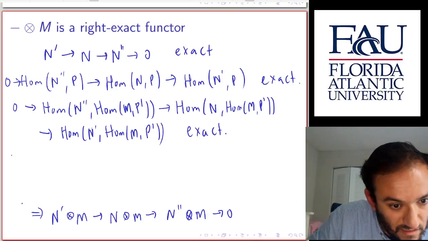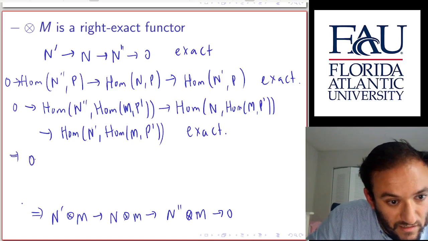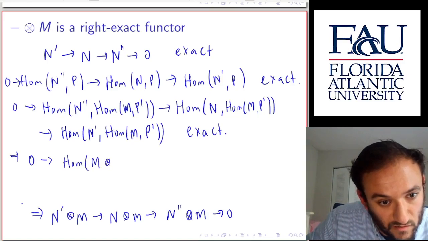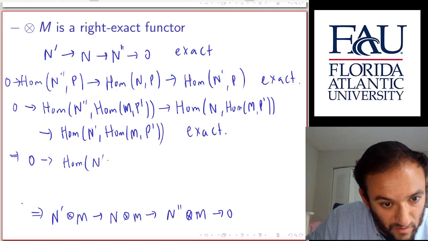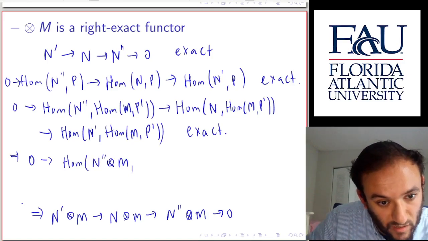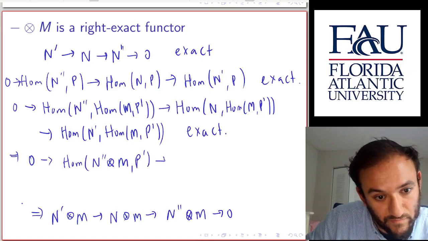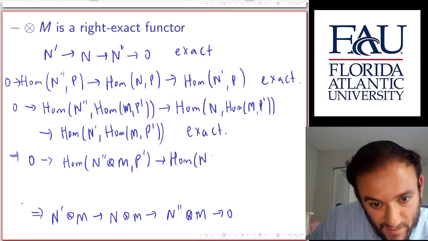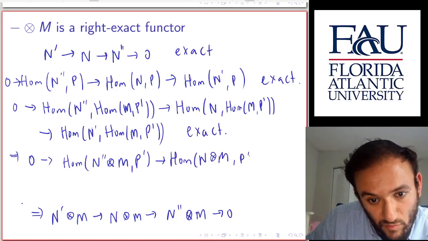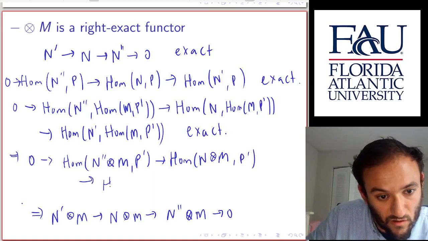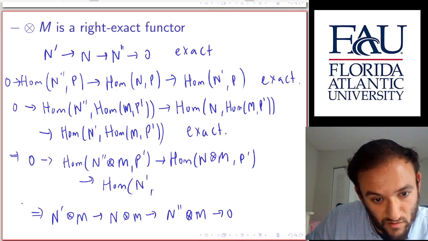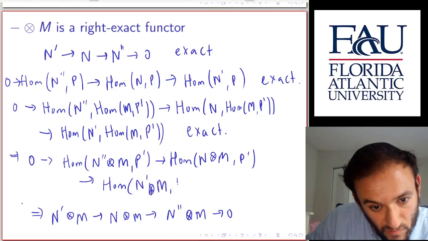So this implies that 0 to Hom of n double prime tensor m to p prime to Hom of n tensor m to p prime to Hom of n prime tensor m to p prime.